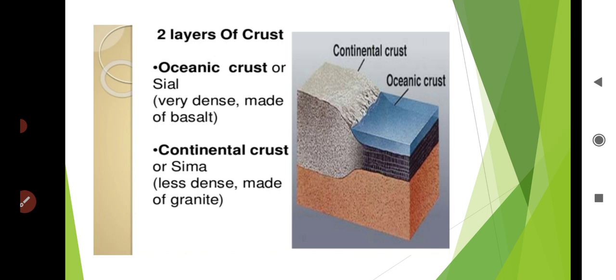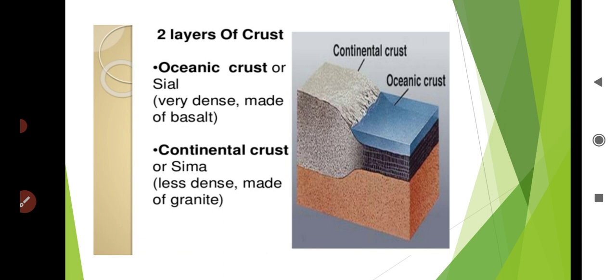The inner zone, which we are studying as the interior of the earth, that is the mantle, lies below the outer crust and extends up to a depth of 2900 km.